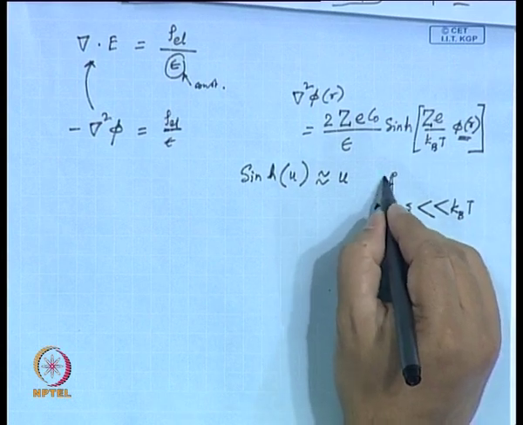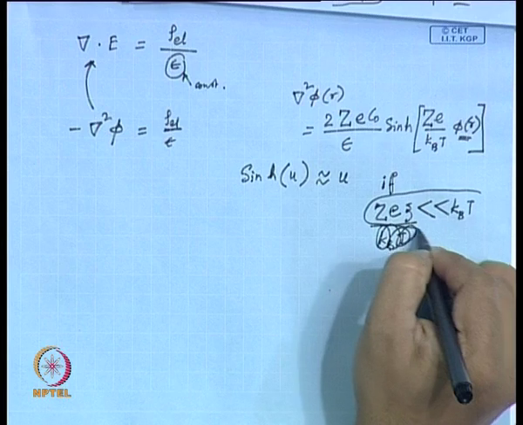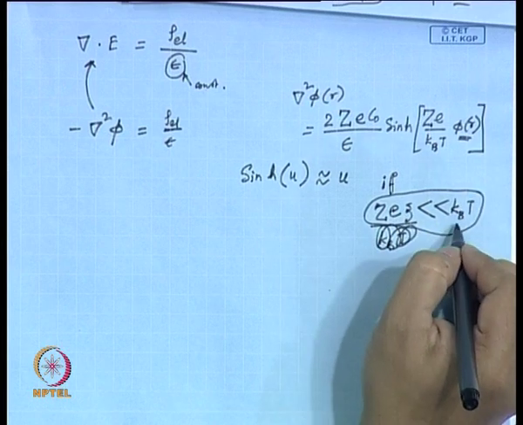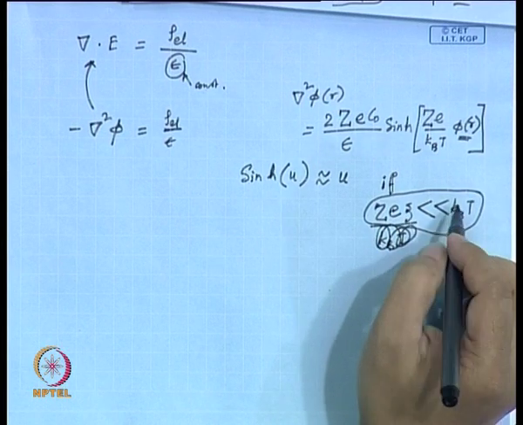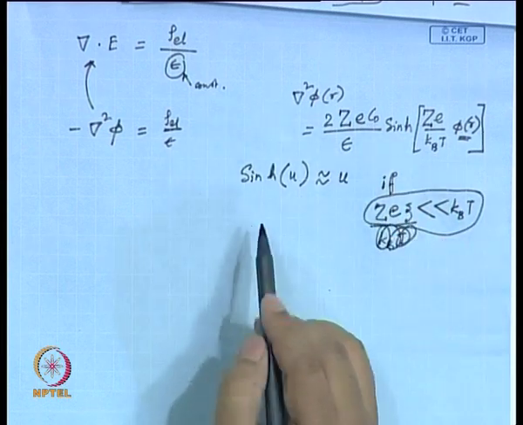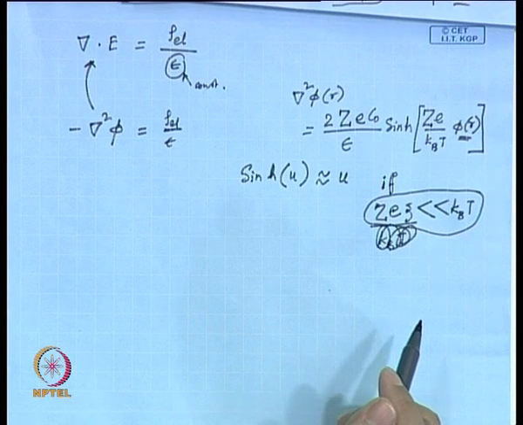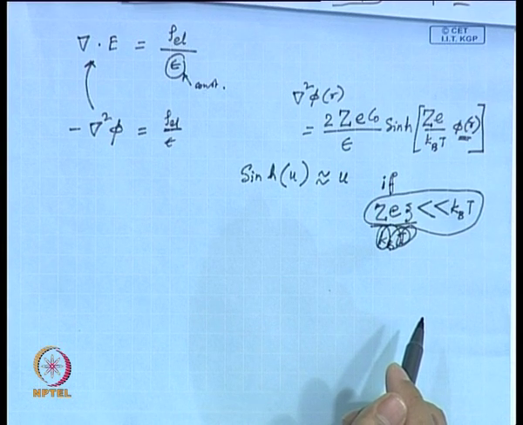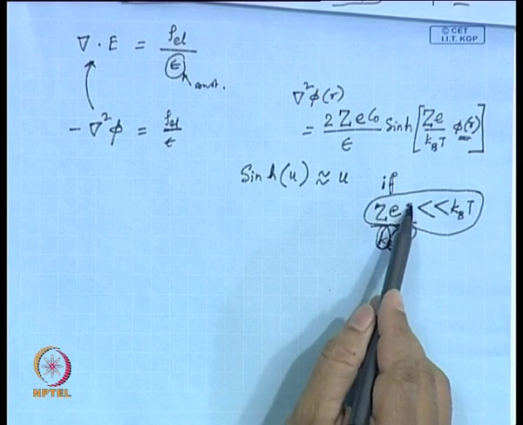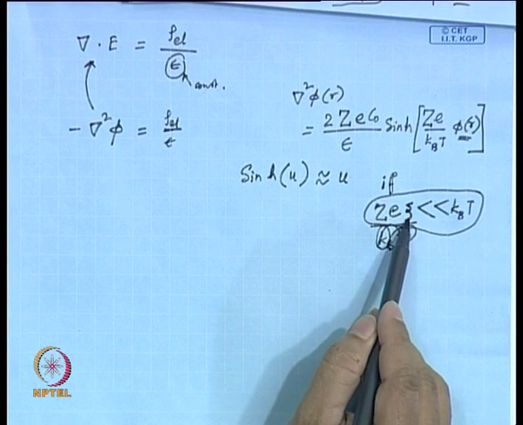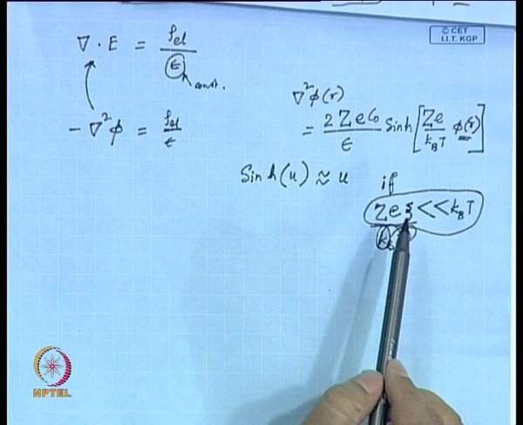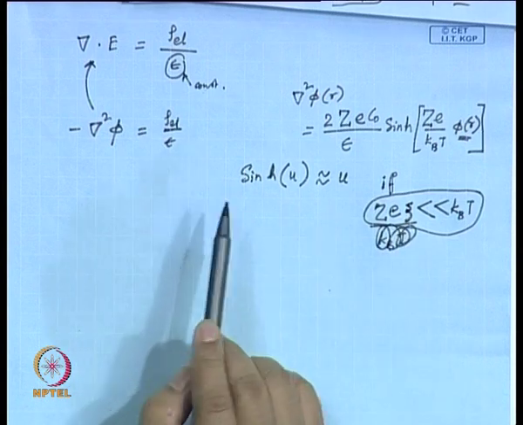If the numerator is much less than the denominator, you can approximate sinh u as close to u. Okay. Now, why do I write this as zeta and not phi? What is new here?